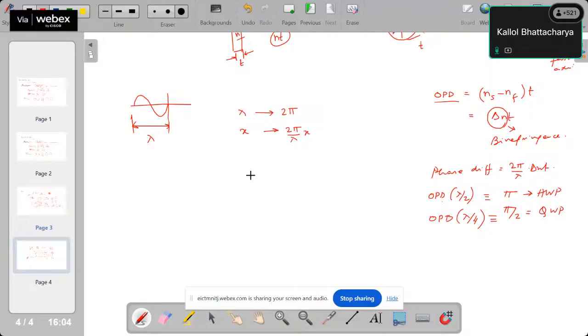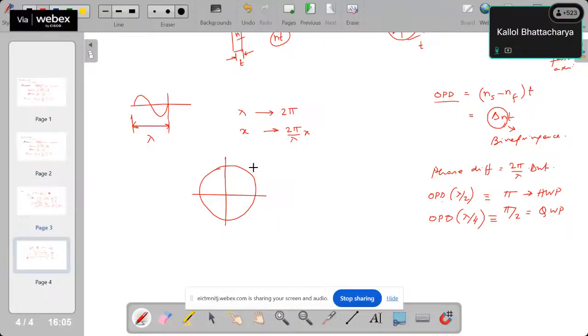Now, let us consider a general optical polarizing element. It can be a retarder, any retarder. It can be, let's say, a polarizer.